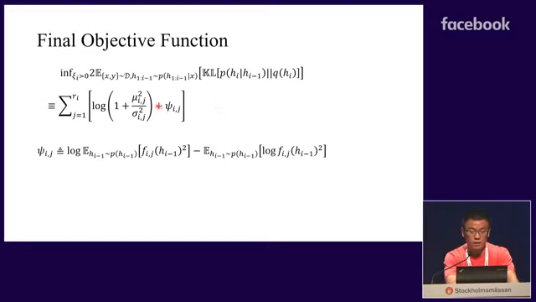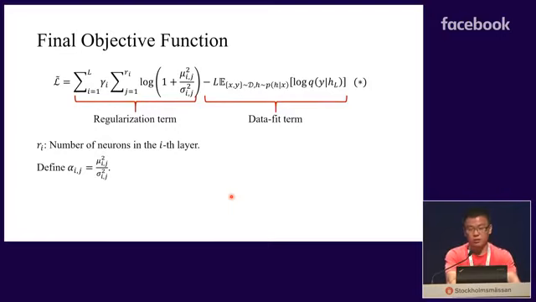Here, psi_ij is defined in this equation, and according to Jensen's inequality, this term is always greater than or equal to 0. So for computational convenience, we remove this psi_ij from the final objective function, and we will show such an approximation does not harm the performance, both theoretically and empirically, later. So the final objective function becomes like this.